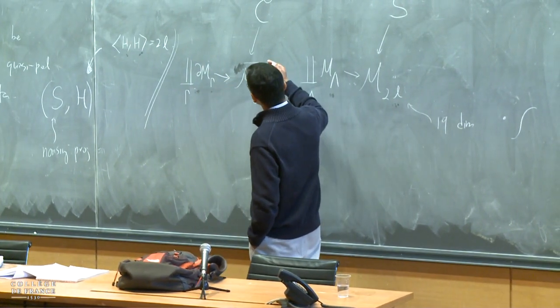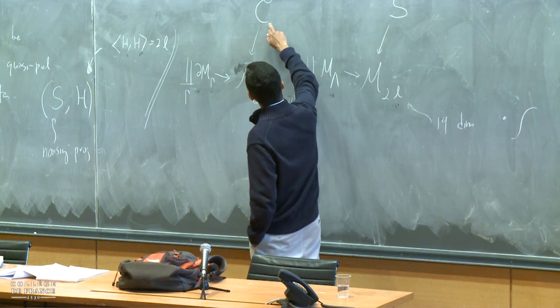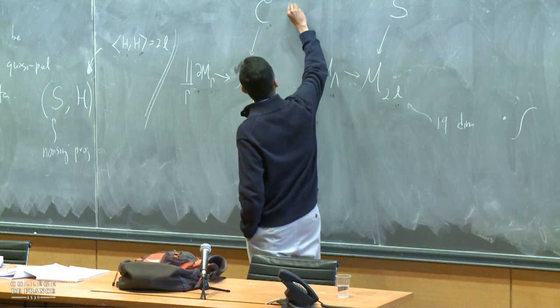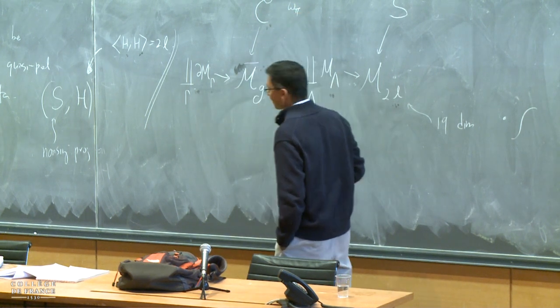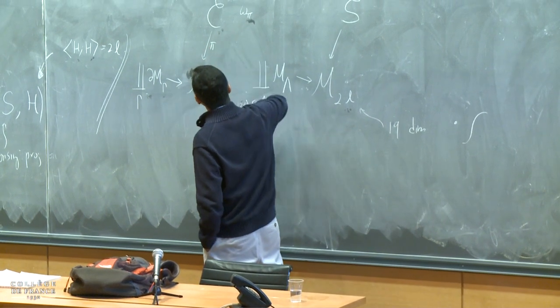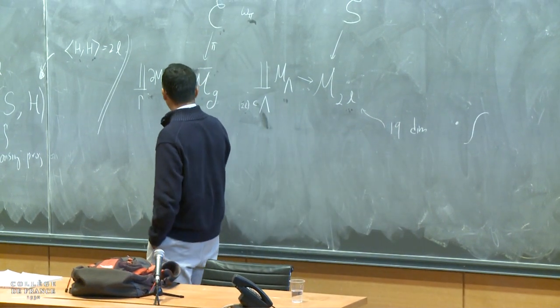And how does a tautological class come? Well, with respect to this map, the universal curve, there's a canonical sheaf. In fact, it's called the canonical sheaf of this morphism. And if I want to make a class here, I can make a kappa class.